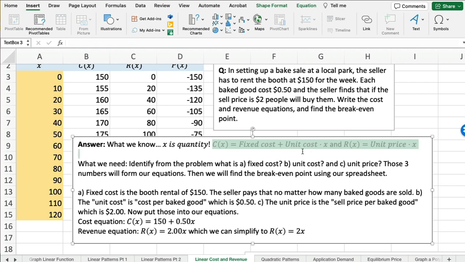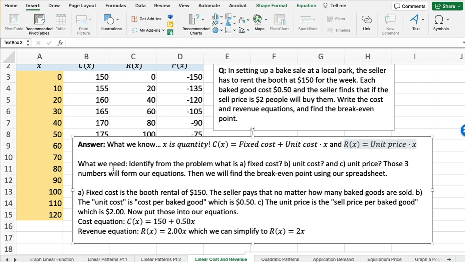We need to make sure that we're multiplying by X. We also know that revenue, which is capital R of X, is equal to the unit price times X. So unit cost and unit price are two different things.